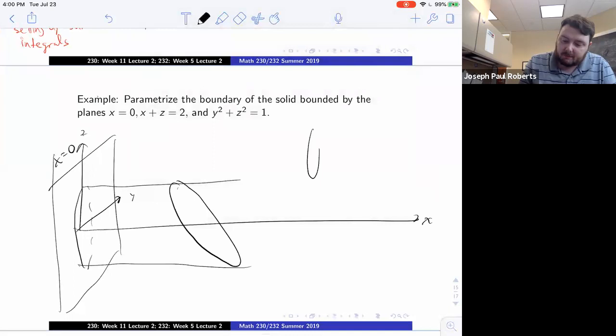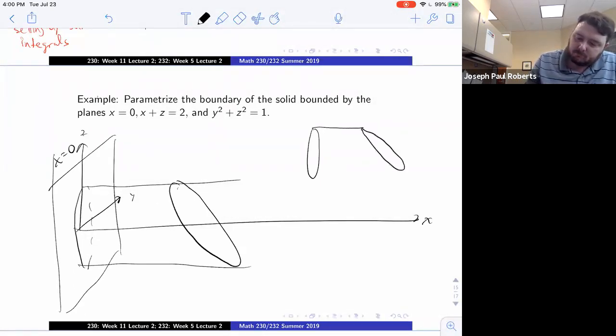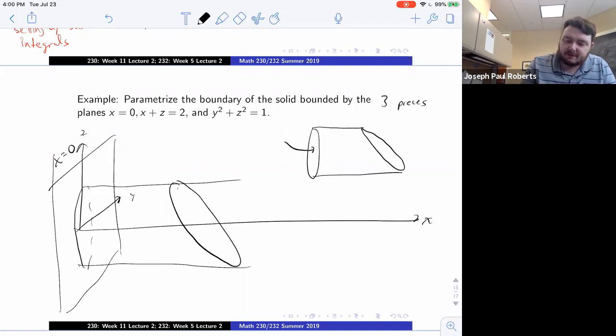So when you think about this solid region, we're supposed to parameterize the boundary of it. There's really 3 pieces. There's a disk on this side, because what are all the points on the edge of this solid region? Well, I have the left boundary, I have the right boundary, so a tilted disk, and then I have the cylindrical side piece.